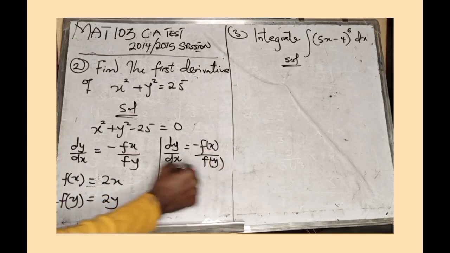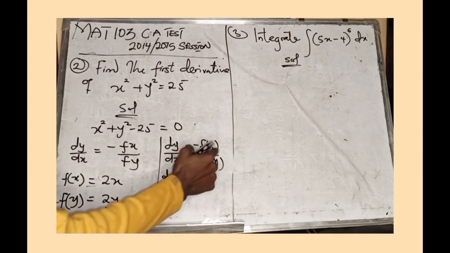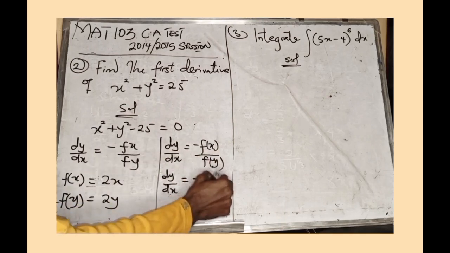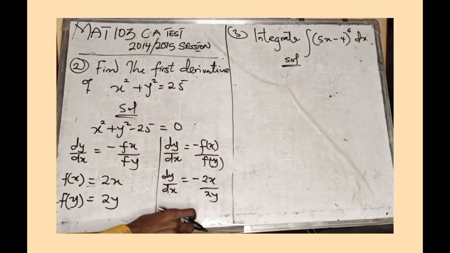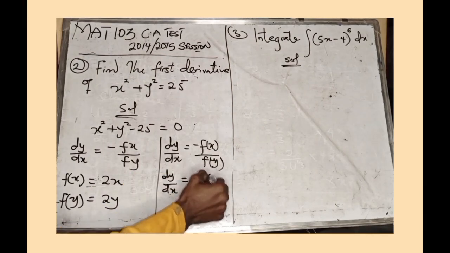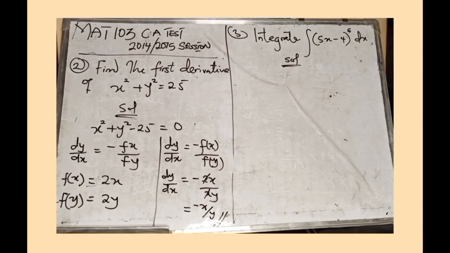So finally I have dy over dx equal to minus 2x over 2y. Lastly, 2 can cancel 2. My final answer becomes minus x over y, and that's all. So this becomes my final answer.